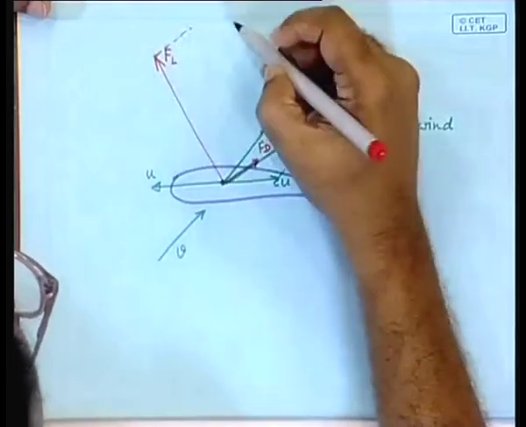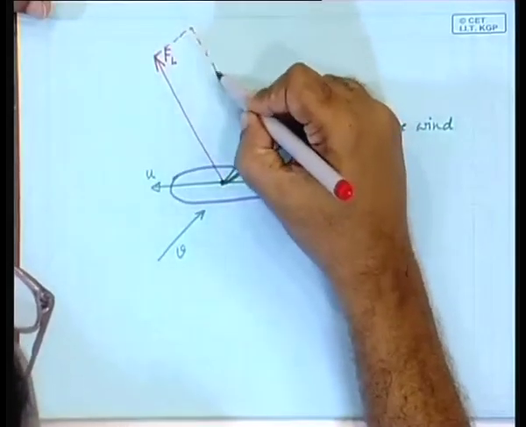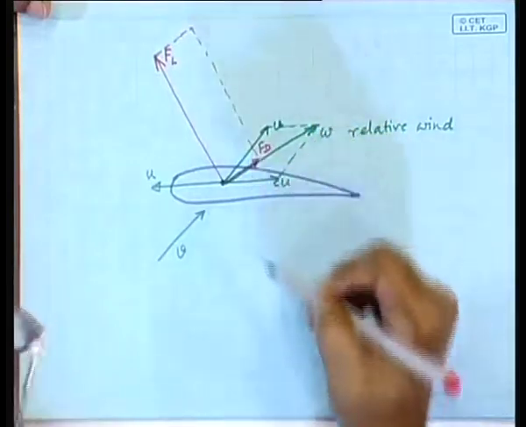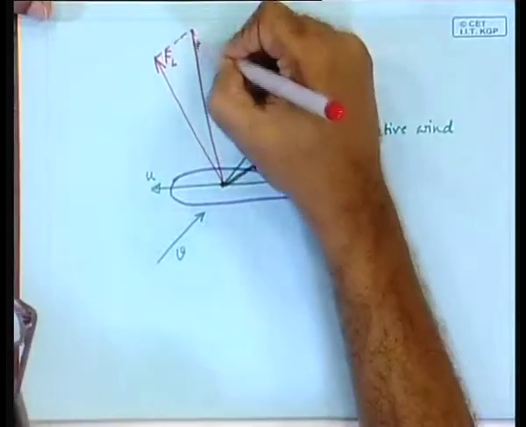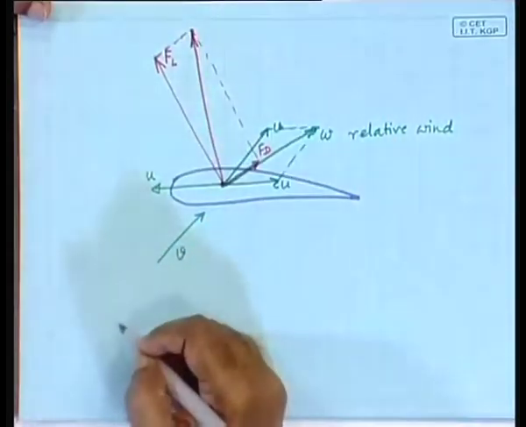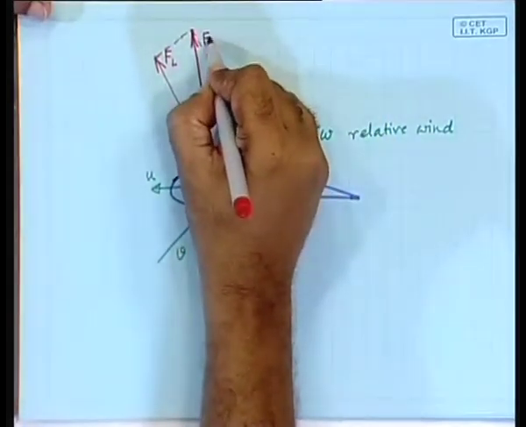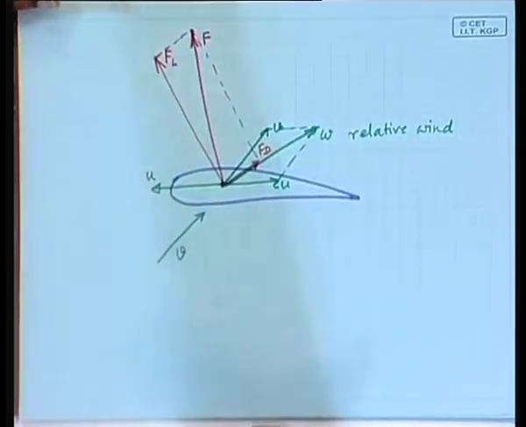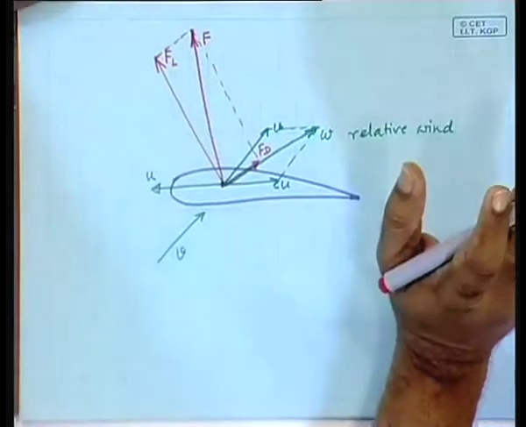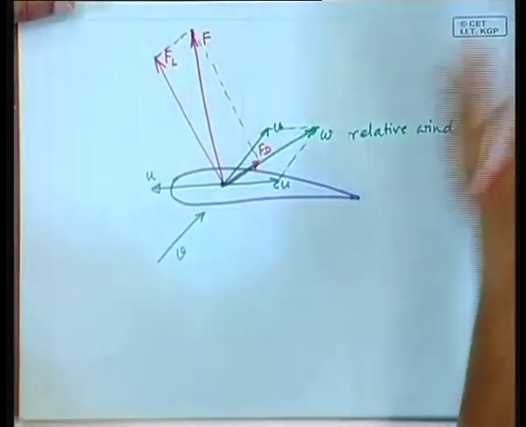The summation of these two would be this total force F. Okay. So, this is what happens in an aeroplane wing, helicopter wing, and also a wind turbine.